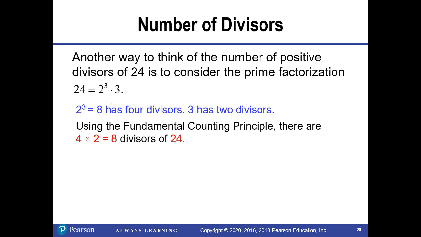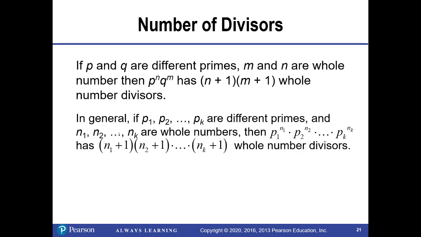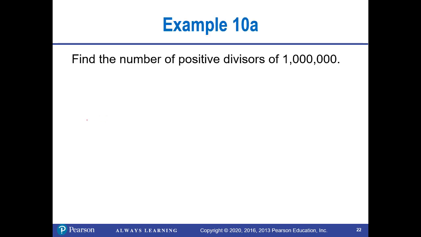We could also do a prime factorization and then work that way using our fundamental counting principle. And that can work for more complicated ones also sometimes. And that might work well for a more complicated problem like 1 million.